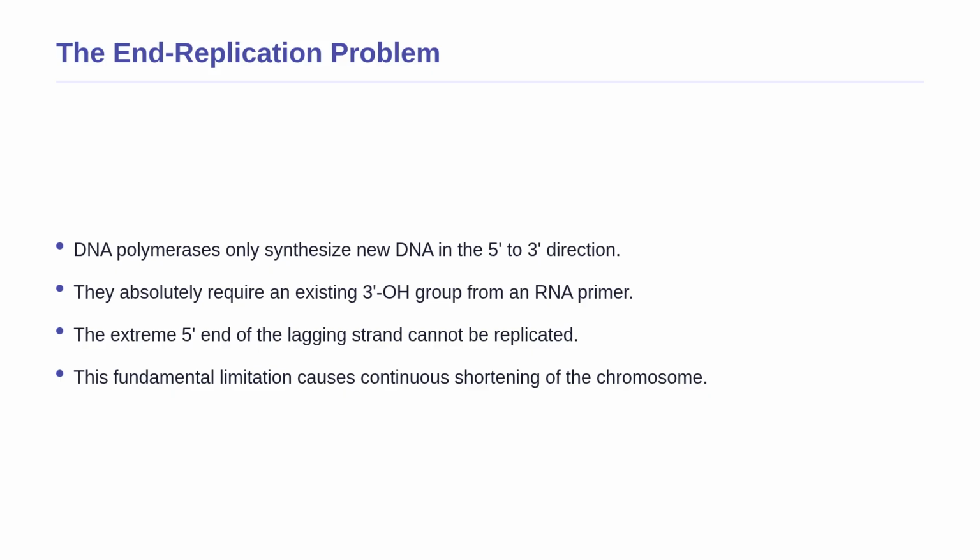Once the final RNA primer is removed from the newly synthesized lagging strand, the polymerase cannot replicate that extreme 5' end. This fundamental limitation means that with every replication cycle, the chromosome physically loses a small piece of its DNA.